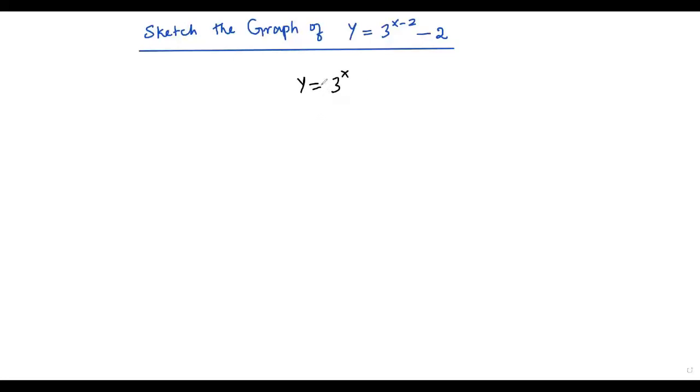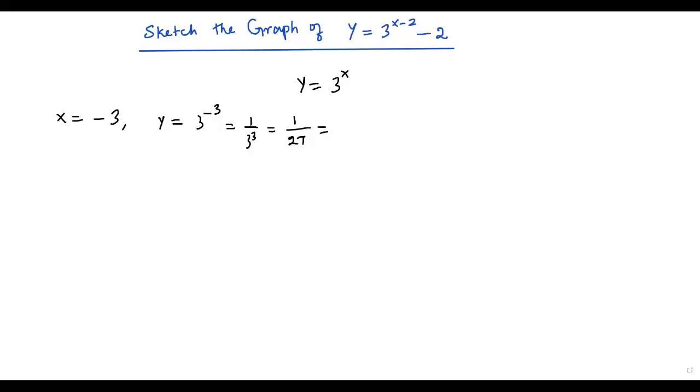Now when we compare, first we can sketch a graph of this basic function by plugging in some random values for x. For example, let us say x is equal to -3. When I plug in x equals -3, what value do I get for y? y equals 3 to the negative third power, which becomes 1 over 3 to the third power, which is 1 over 27.